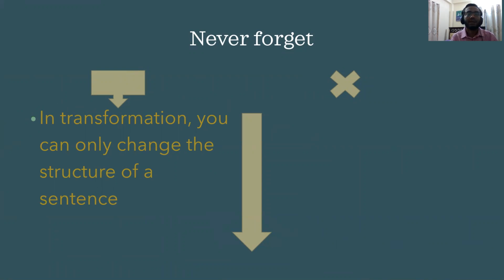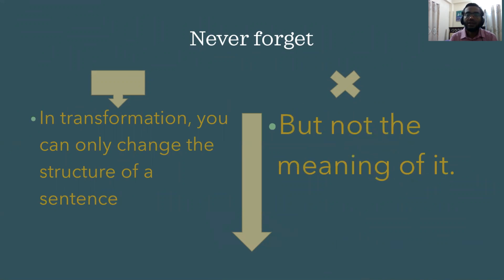Can you understand? Only structure, but not the meaning of it. That means without changing their meaning, we have to transform affirmative to negative.